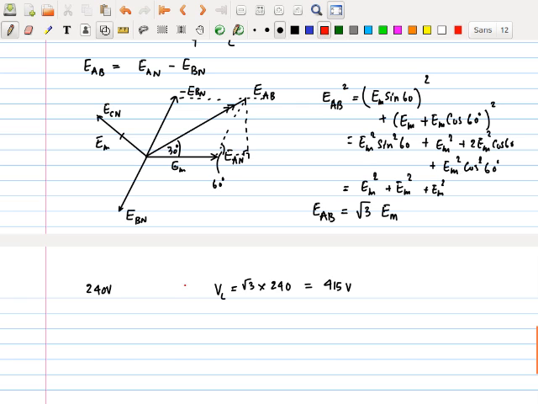Here, if you take EAB, right? If you take EAB, this magnitude of EAB is root 3 times EA of n, and it has an angle. 0 was the angle of EAN, right?